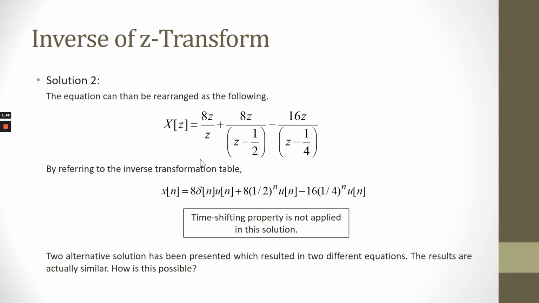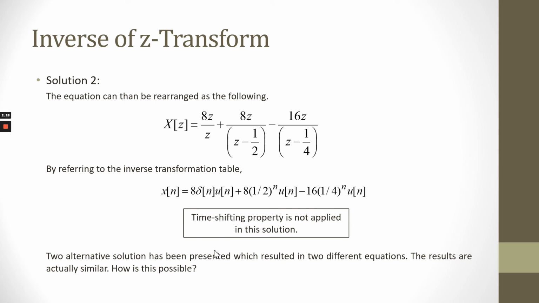So by referring to the inverse transform table, this one is actually equal to the signal 8 delta[n], the impulse response, plus 8 multiplied with (1/2)^n u[n], where u[n] is the unit step function, the standard format, minus 16 multiplied with (1/4)^n u[n]. In this second technique, the time shifting property is not applied in this solution.